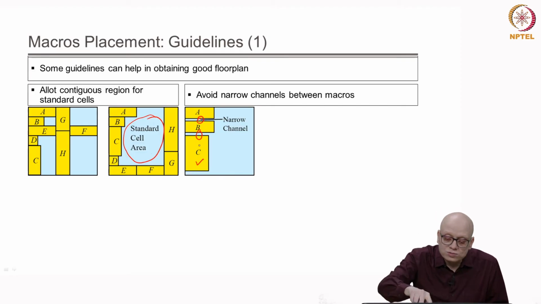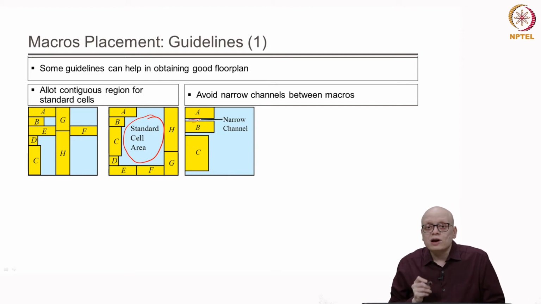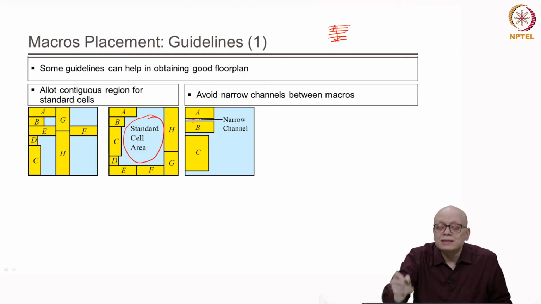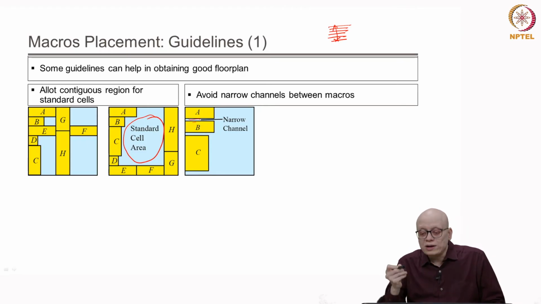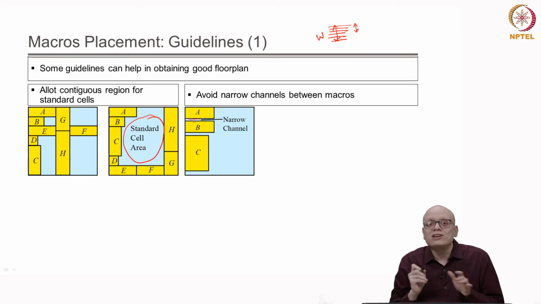Why? Because the first thing is that if the channel is narrow, then the number of routing tracks will be limited. Routing tracks are parallel tracks, so depending on its width, we can have that many tracks. If this width becomes very small, the number of routing tracks available in a narrow channel will be much less.